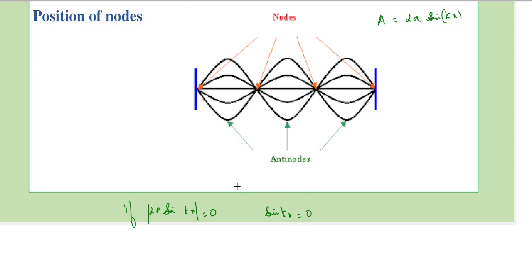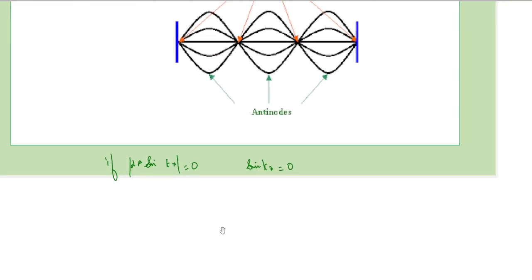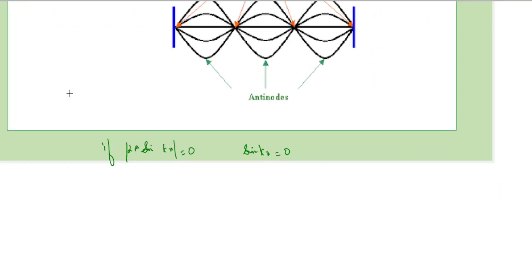So we are trying to find out at which point the resultant amplitude is equal to 0, because it's a function of distance. Now from here, since sin kx is 0, this implies that kx is equal to n into pi, where n is equal to 0, 1, 2, 3, etc.